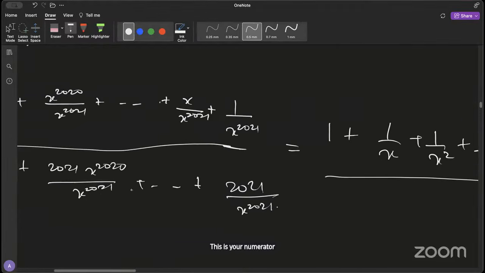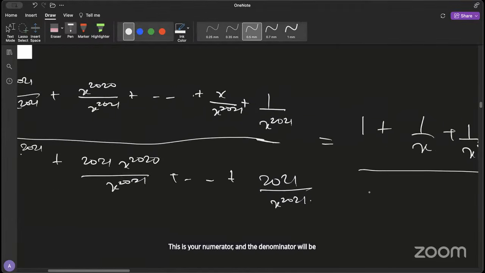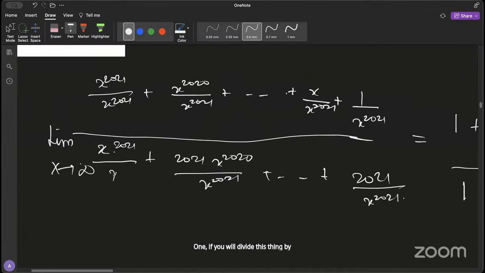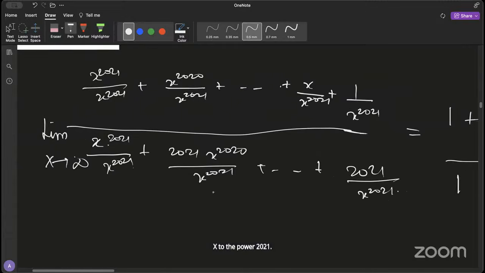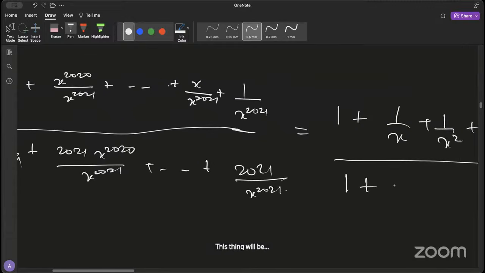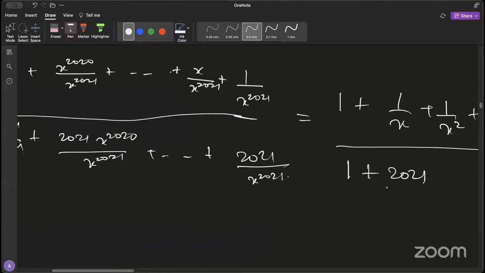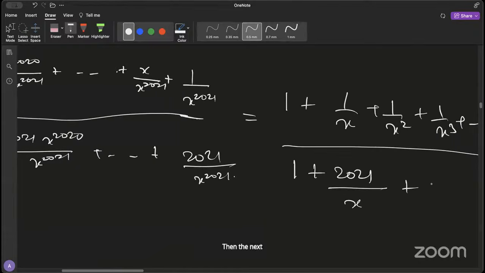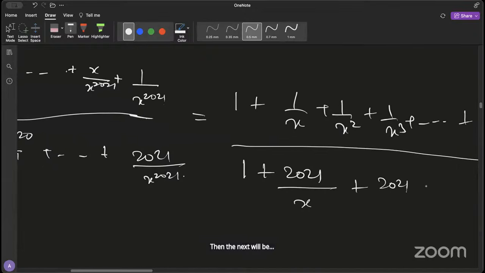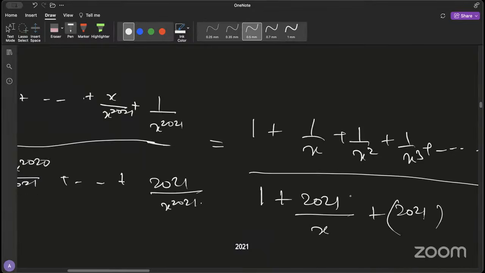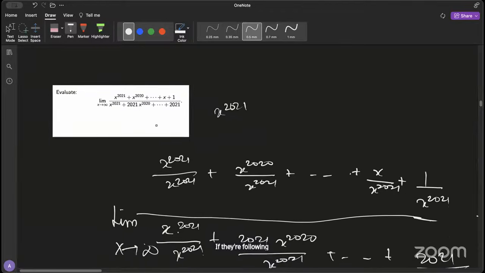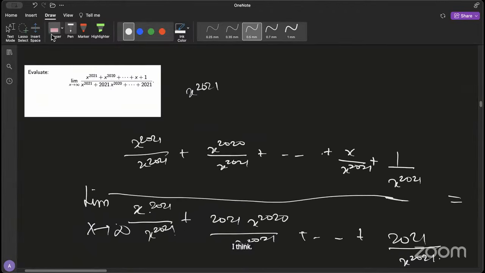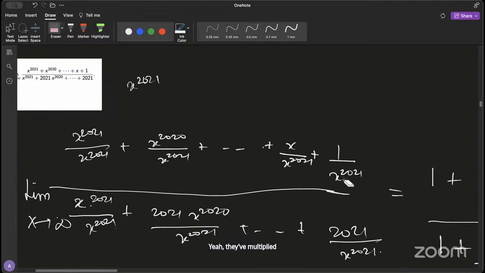And the denominator will be 1 if you divide this thing by x to the power 2021. This thing will be 2021 by x. Then the next will be 2021, if they're following this pattern, I think, yeah, they've multiplied everything with 2021, right?